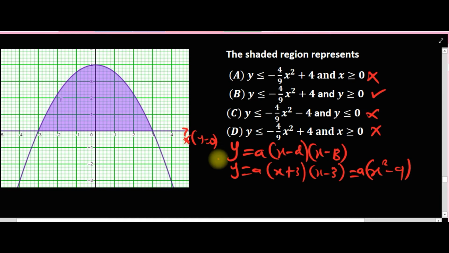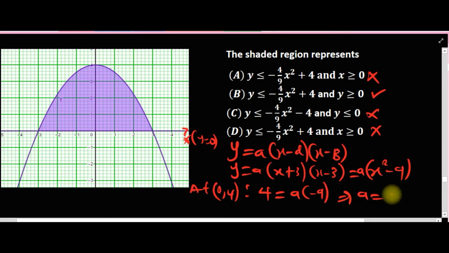The next thing is to test using the extra point on the curve, which is the y-intercept. So at (0, 4), we have 4 equals a times 0 squared minus 9, which implies a is minus 4 over 9.